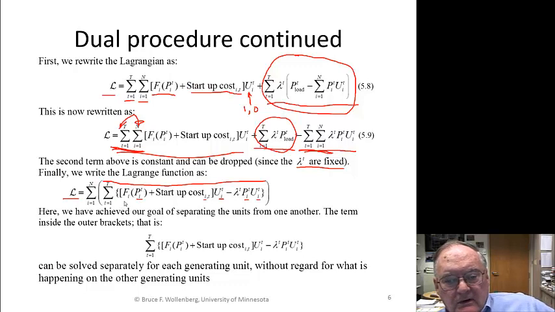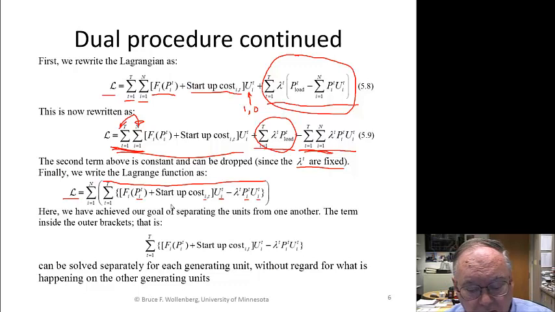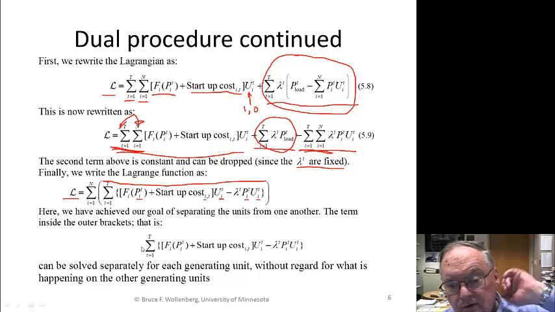If I'm going to minimize the Lagrangian, then I only have to minimize this for each generator, and I can do it without looking at what's going on in the other generators. This is the relaxation. This is where I have separated things. So once again, this sum here gets pulled out, and it's down here. Same formula, but there's no sum over the i.